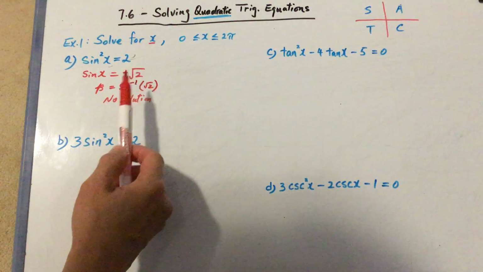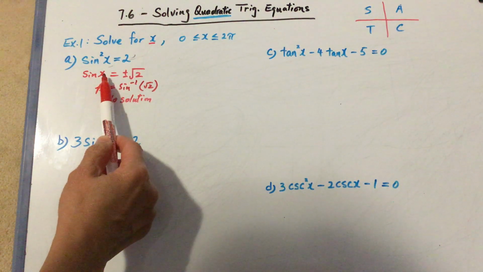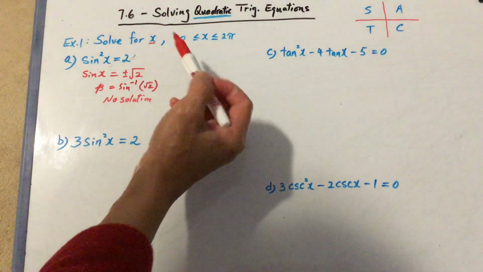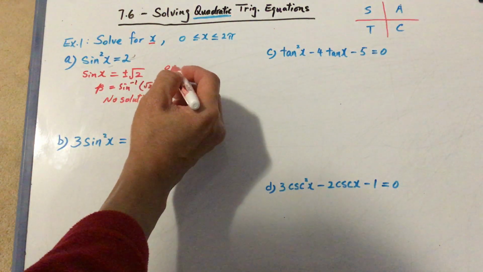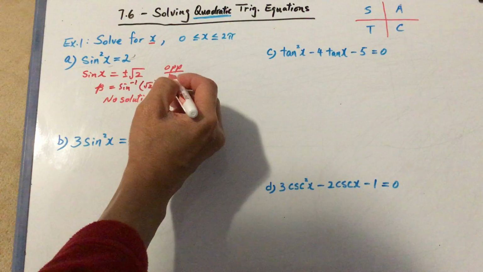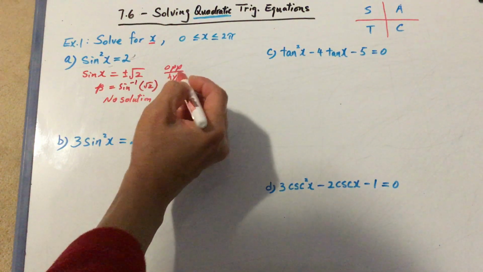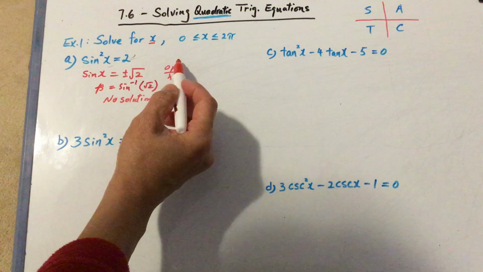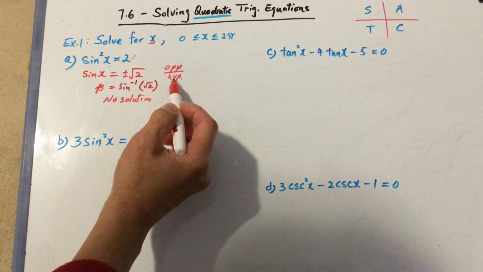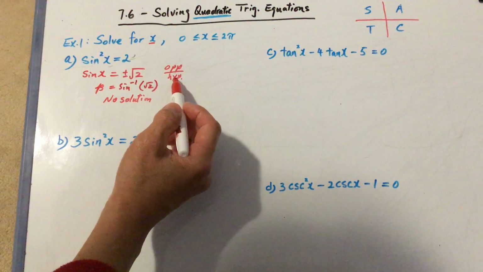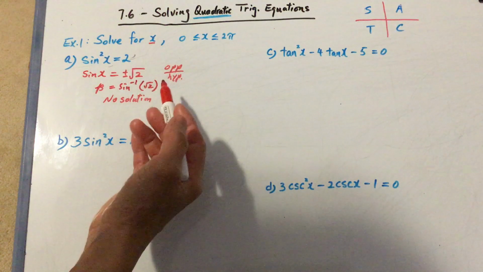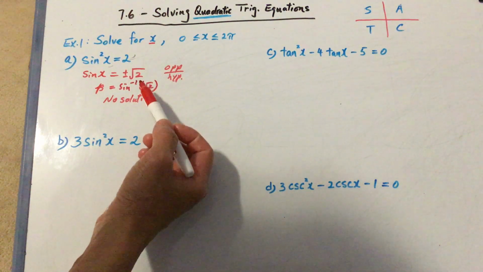Because the sine of an angle is the opposite over the hypotenuse, and because the hypotenuse length is always the biggest number, when you're taking a smaller number divided by a bigger number, your answer is going to be a fraction.